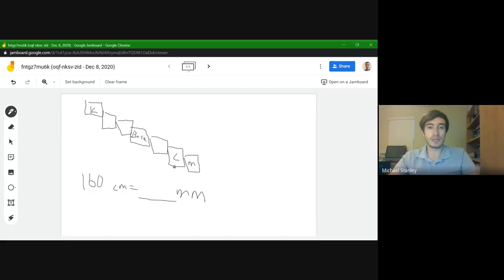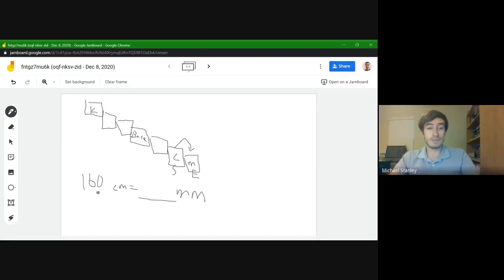Centimeters right here will be our starting point, and millimeters, its next door neighbor, is going to be our ending point. To go from centimeters to millimeters, we go one jump to the right.